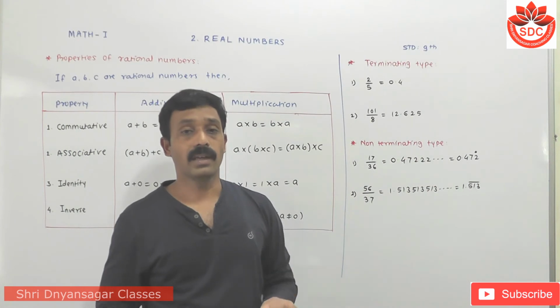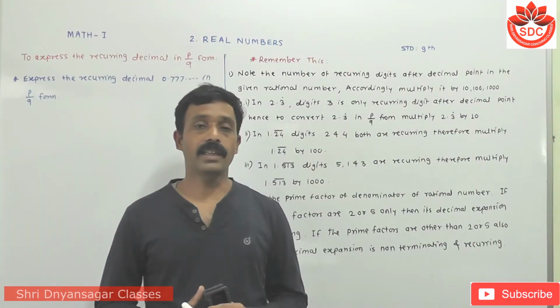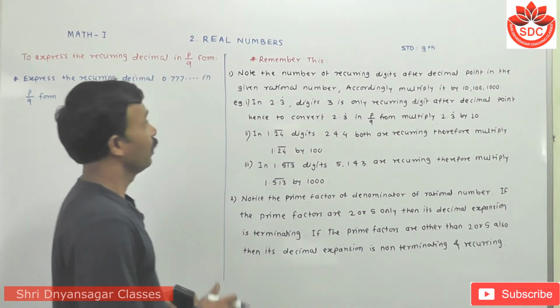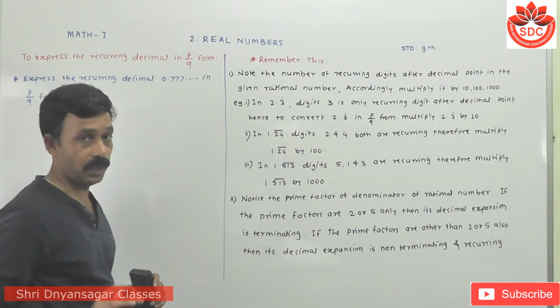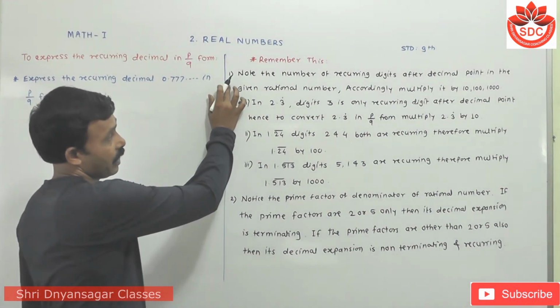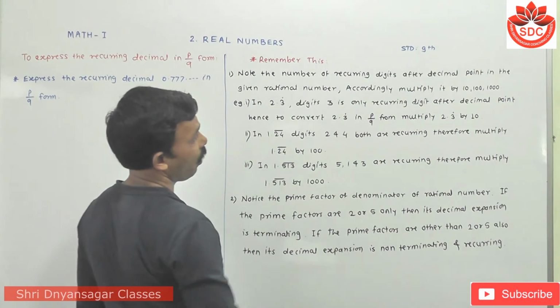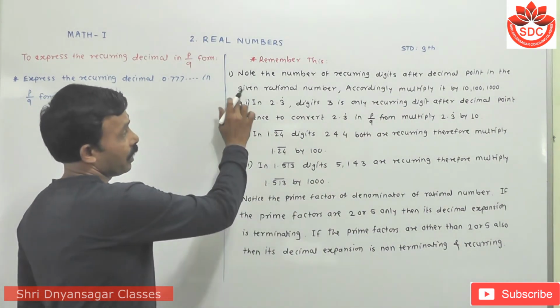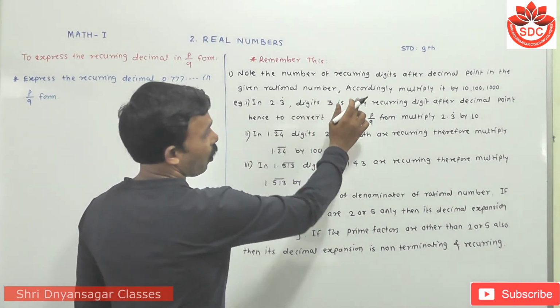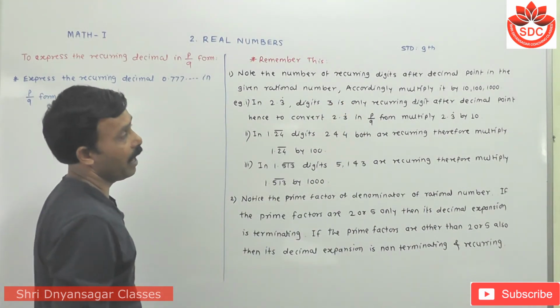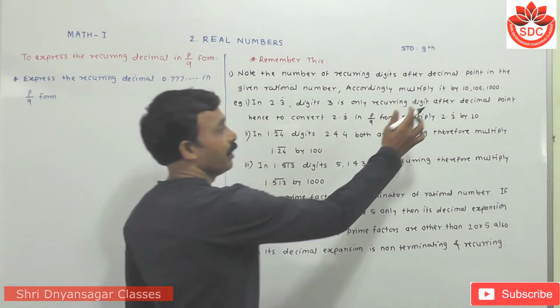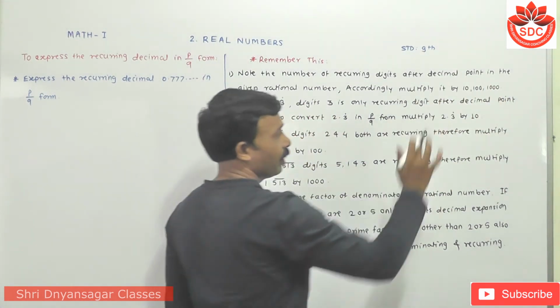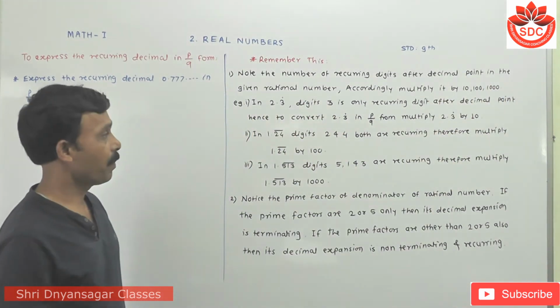Okay, let's see the next points. Now first remember this, students. The first note: note the number of recurring digits after the decimal point in the given rational number. Accordingly multiply it by 10, 100, 1000 and so on.